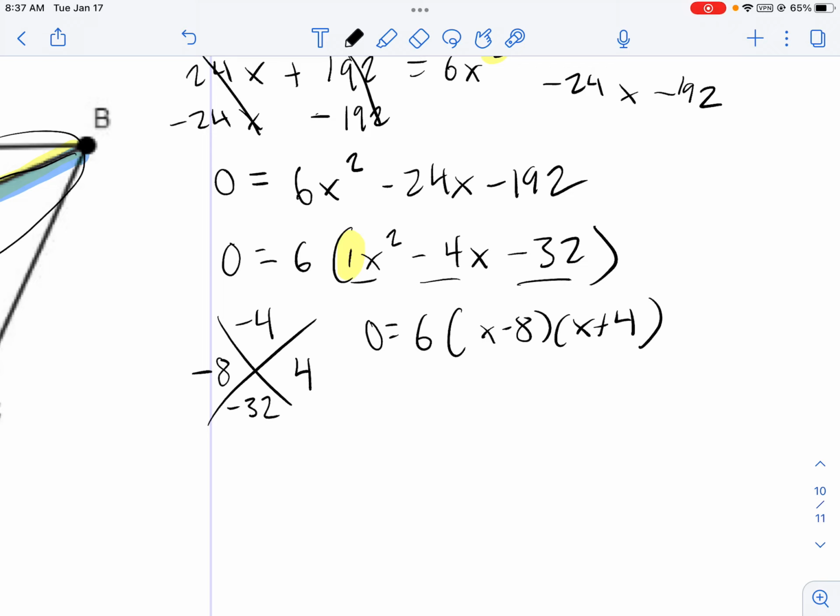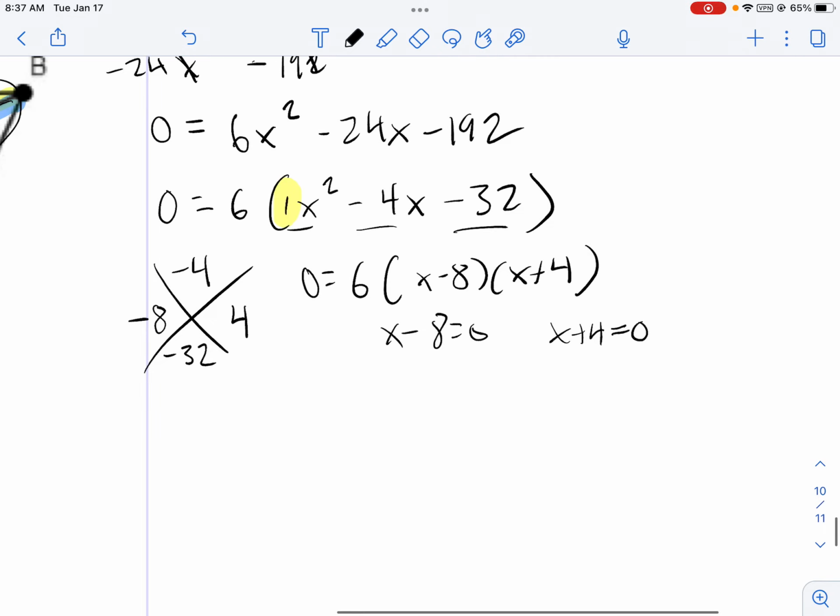Now we have our 2 factors. You have x minus 8, set it to 0, and x plus 4, set that to 0, and then you can solve your equations. For the first one, you add 8, so x equals 8. For the next one, subtract 4, so x is negative 4.